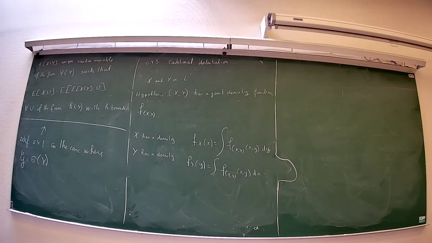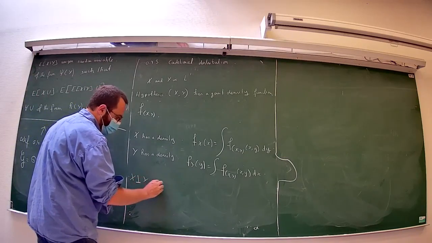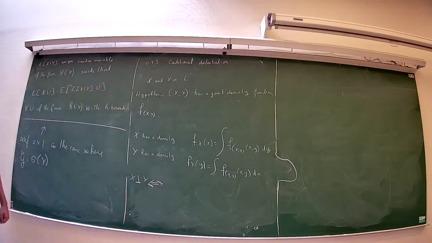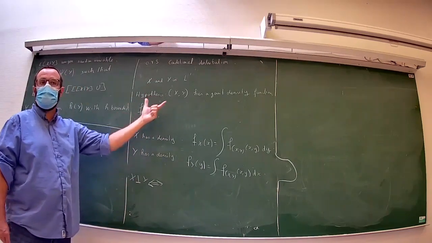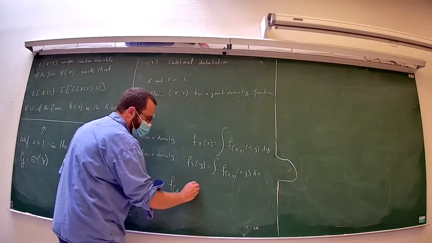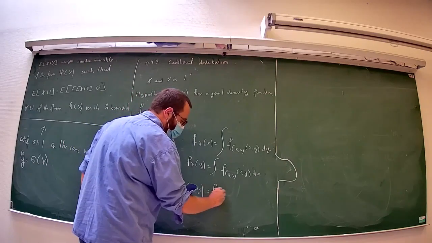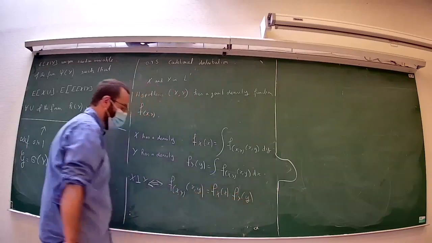The good thing for you is that when you have the joint density and the density of each component, it is easy to check if x and y are independent or not. Two random variables in this situation, when they have a joint density, are independent if the joint density is equal to the product of the density of each component.